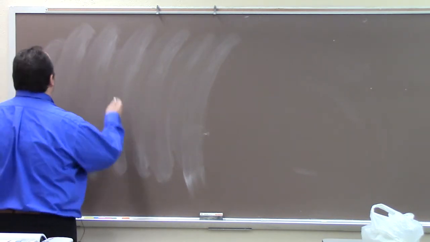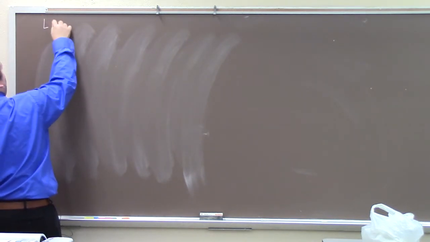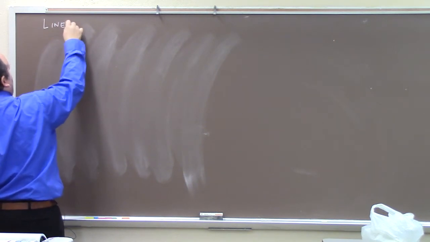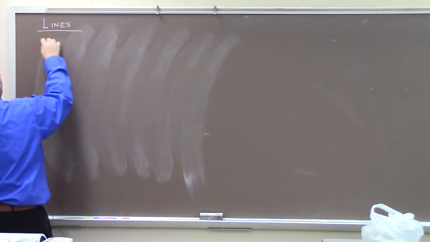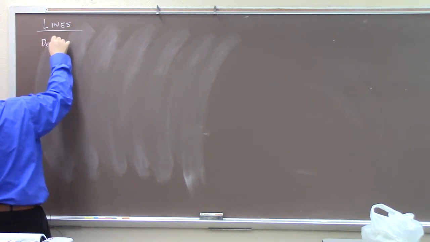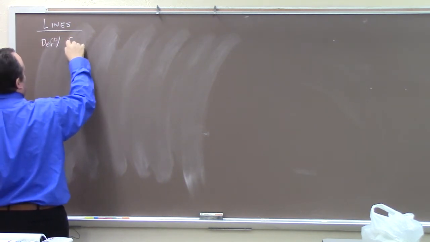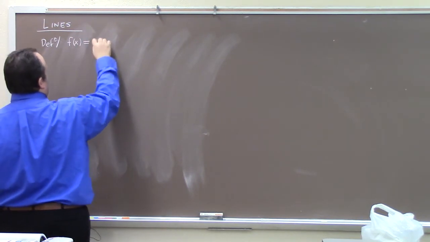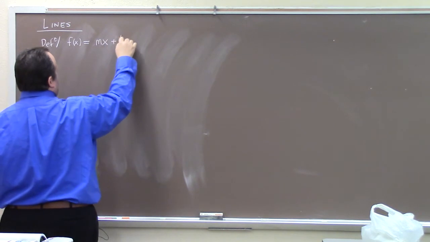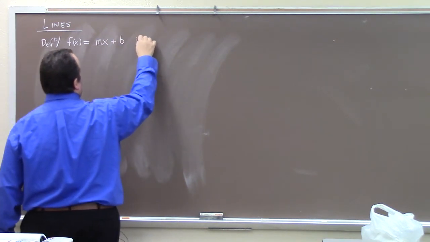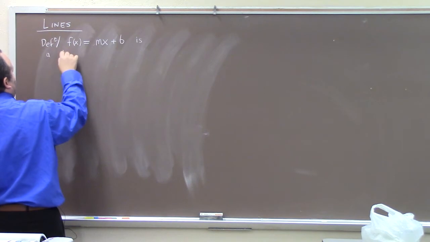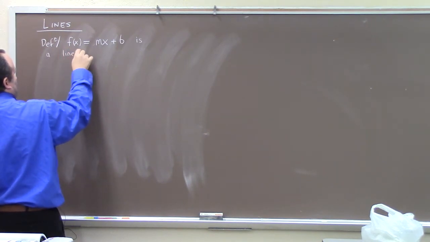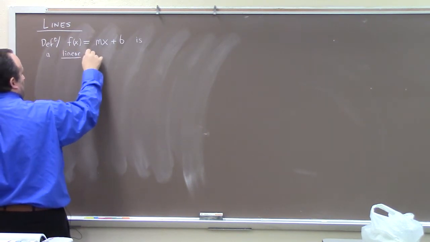So we're talking about lines today, right? And so let me give you a definition. f of x equal to ax, well, let's say mx plus b is what's called a linear function.